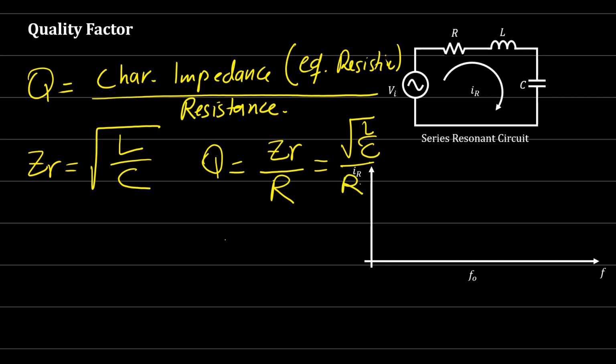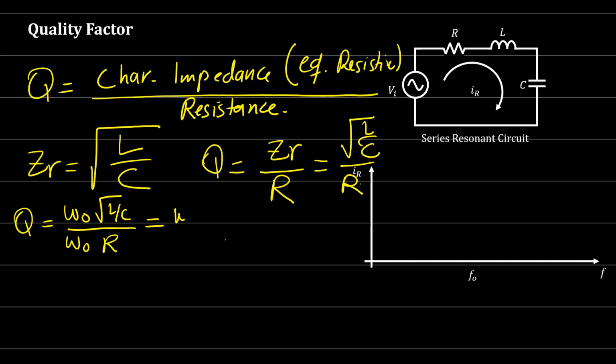Try to make some simplification for this Q. You'll find that Q is equal to how much? Multiply by ω0, so we can say ω0 times the square root of L over C, over ω0 times R. ω0 is equal to how much? 1 over the square root of LC.